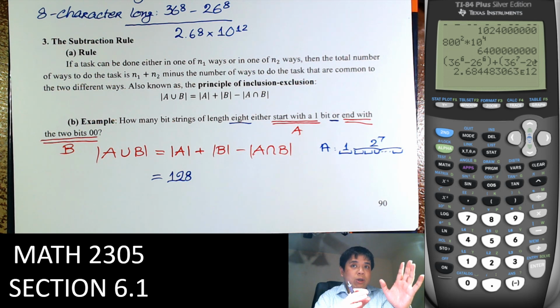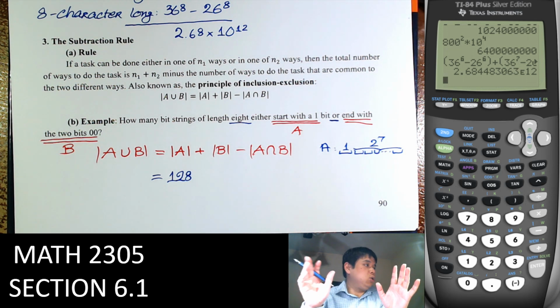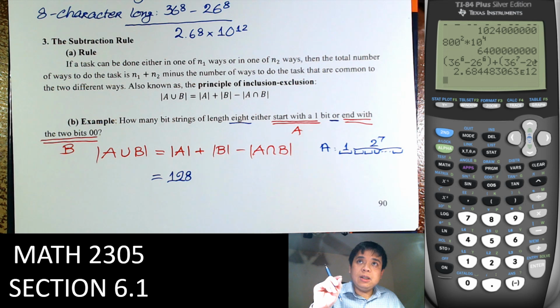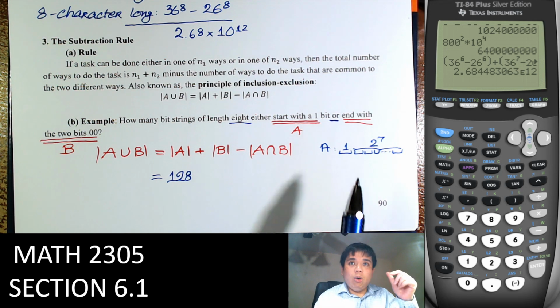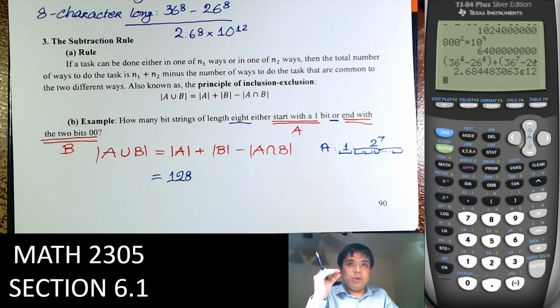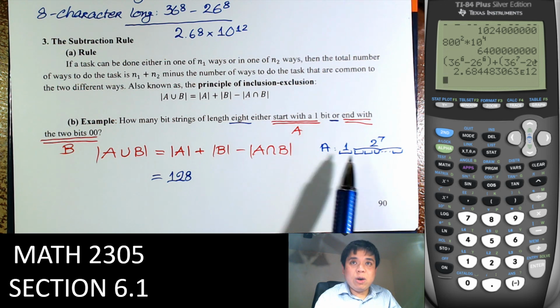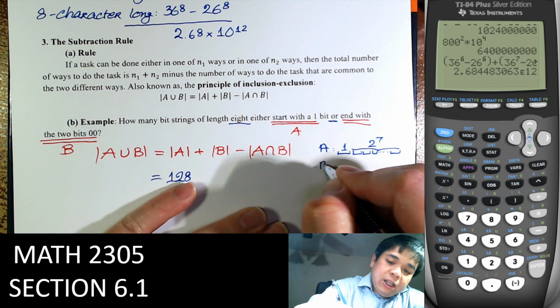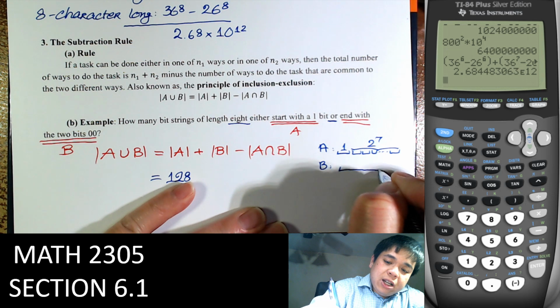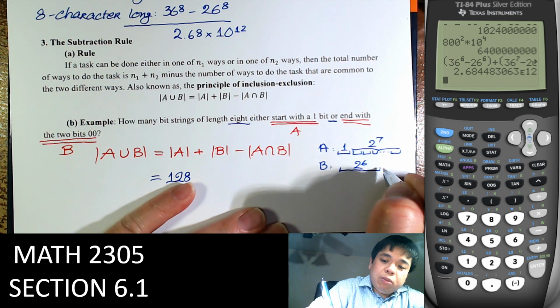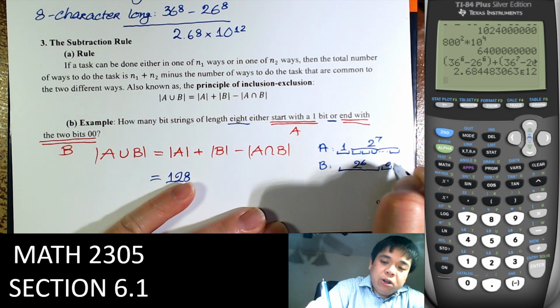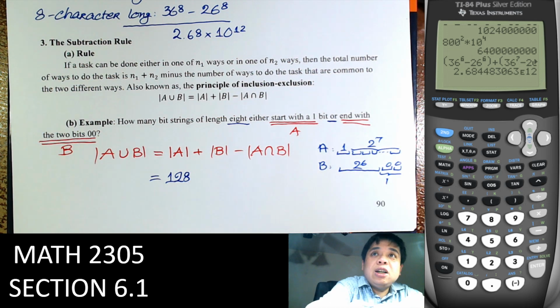The first one has to be 1. After that, it doesn't matter. It's going to be 0 or 1, 7 times. For B, the first 6 bits don't matter, but we have to end with 0 0, and there's only one choice for that. So that's 2 to the 6.